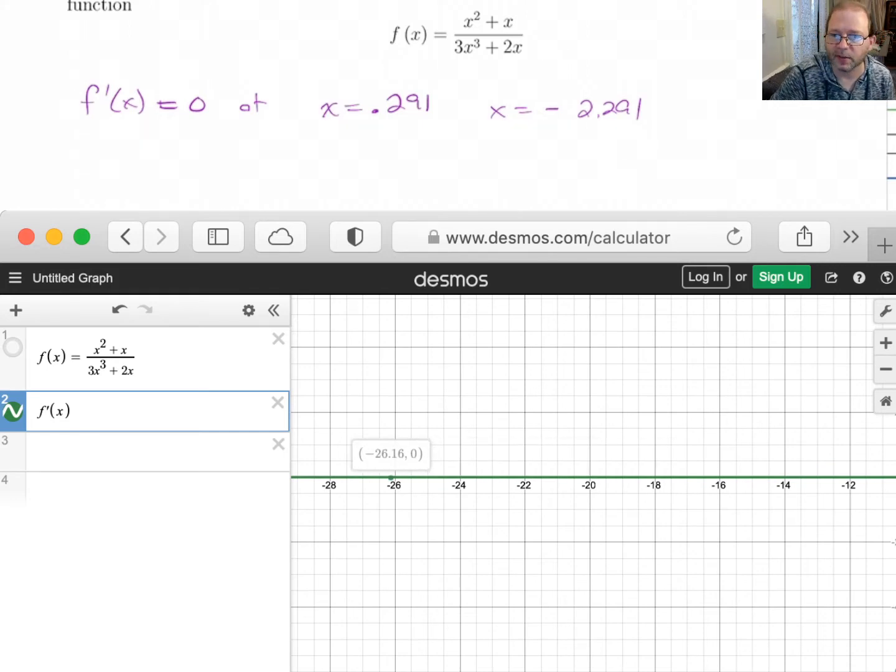This is an asymptote. If you look back at the original problem here, as x goes to negative infinity, the function is going to go to 0. So it's got an asymptote there. The only places where it really touches 0 are here and here.